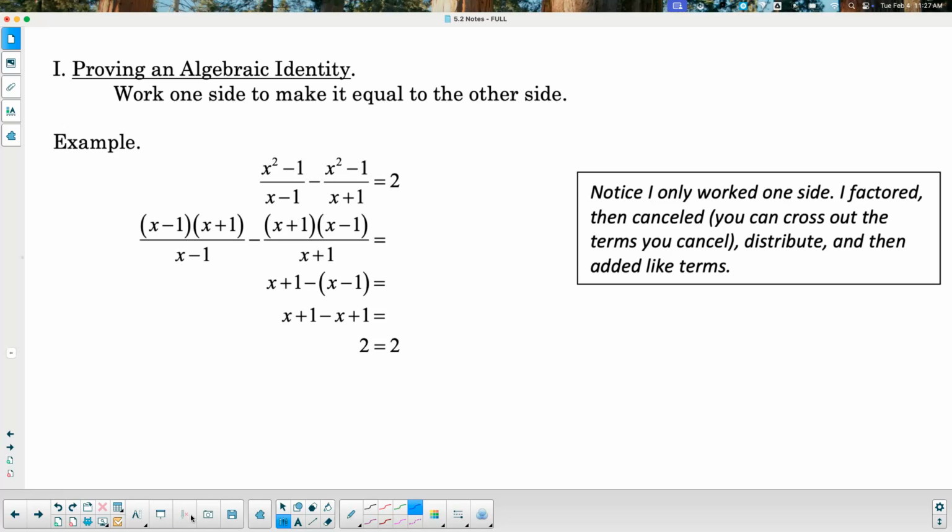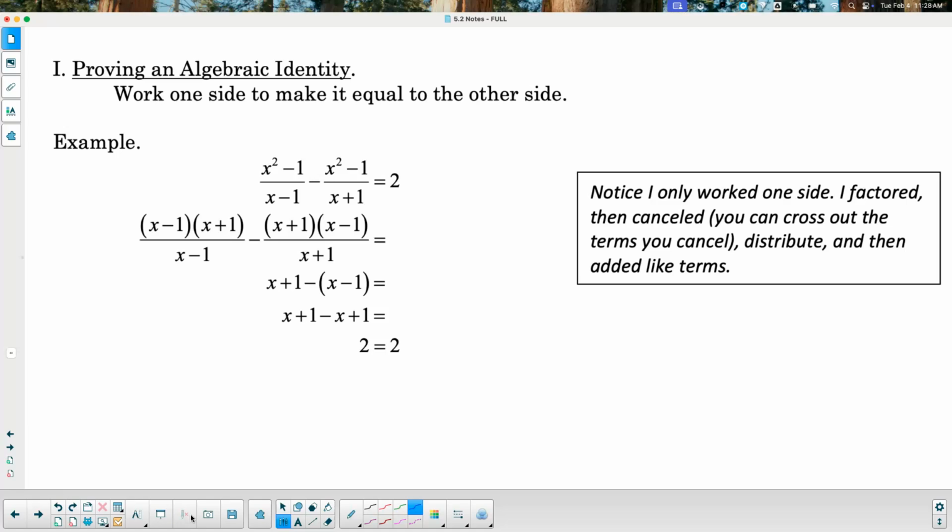We are grading 100% your work. If you skip a step or you do a step in your head, we will take off for it. If you don't show it, you can't get credit for it.